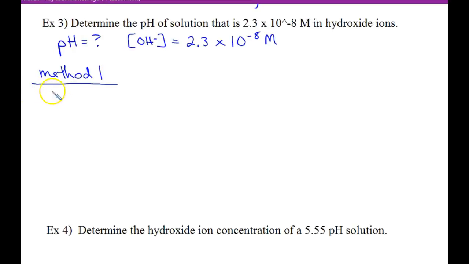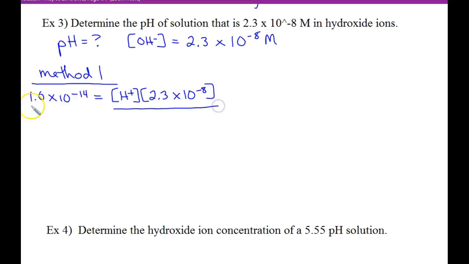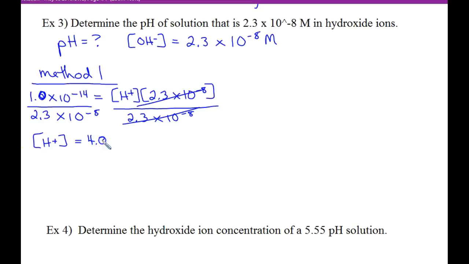So for method 1, I'm going to use the Kw equation to help first, because pH requires the hydrogen ion concentration, and I can use the Kw equation to solve for that. So then I'm going to divide both sides by 2.3 times 10 to the negative 8. And that gives us a hydrogen ion concentration of 4.3 times 10 to the negative 7 molar.